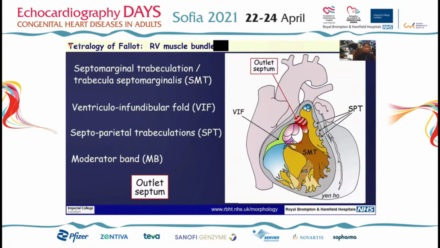Down here, we have the septomarginal trabeculation, of course, the moderator band, a characteristic muscle bundle crossing the right ventricular cavity. And up here, the ventriculo-infundibular fold, which tries to come in and fuse with the septomarginal trabeculation over here. So all in all, this part of the outflow tract is where the stenosis, or the narrowing of the passage to the pulmonary outflow tract, would be.